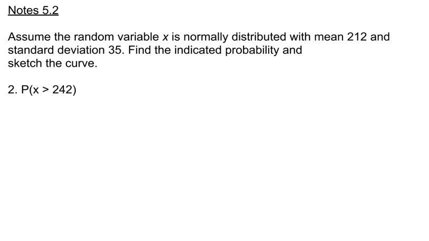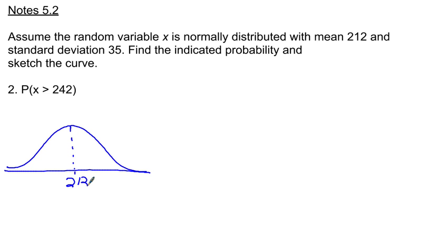Alright, in our next example, we're looking at x being greater than 242. So if I sketch my normal curve, our mean is again 212, just like the last problem. And we'll say 242 is about here. And we want greater than, so we want this area to the right this time.